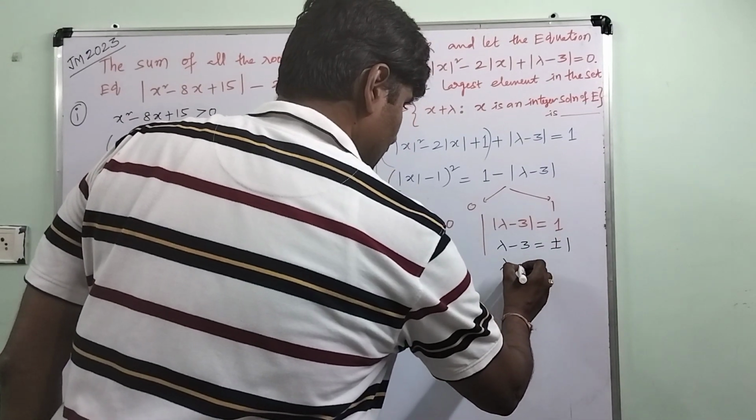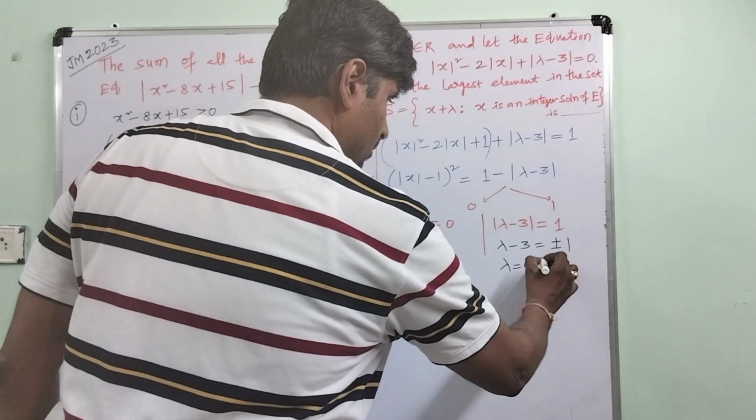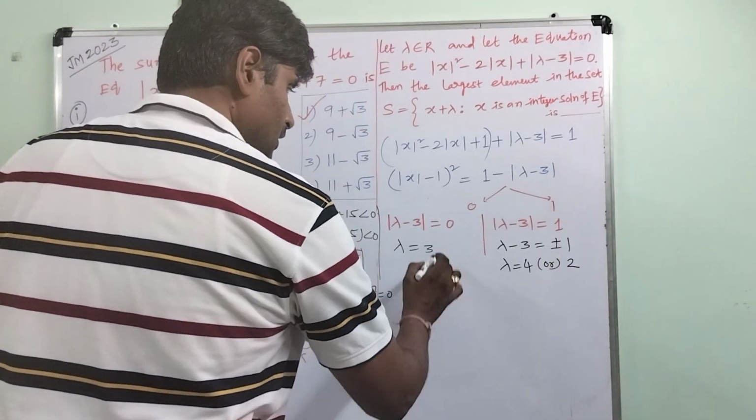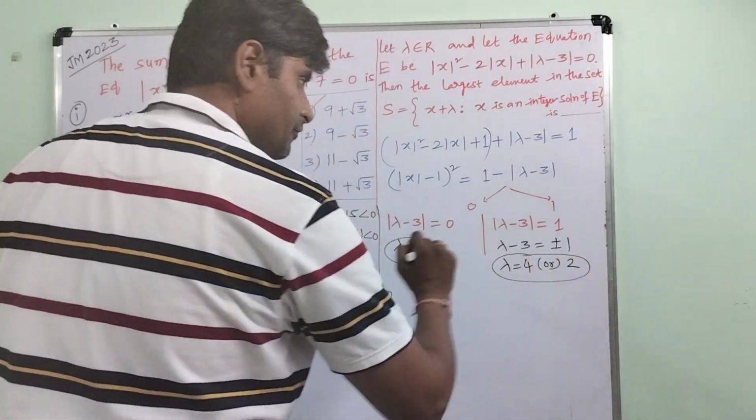Taking plus 1, plus 3 gives 4, and taking minus 1, plus 3 gives 2. So possible values of lambda can be 3, 4 or 2.